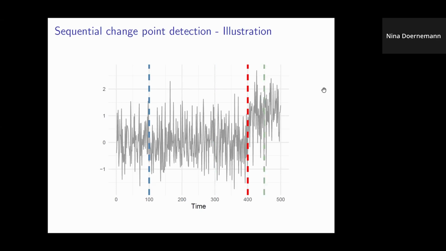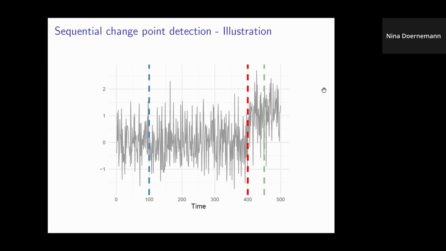And then at some point, we will cross this change point. Of course, in reality, we don't know that there is a change point, but for the simulated example, at some point, we will cross it. For example, here at time 350 in the monitoring period, we would maybe come to the conclusion that there was a change in our time series, and at this point we stop the monitoring.